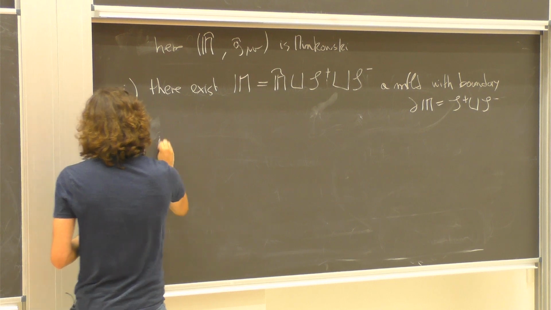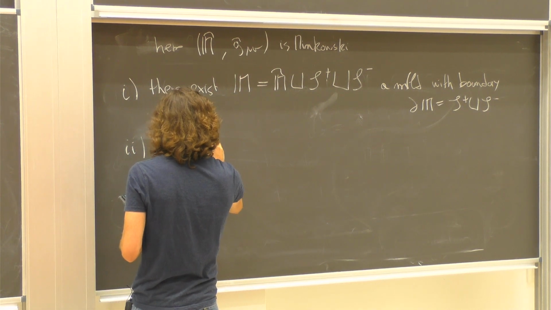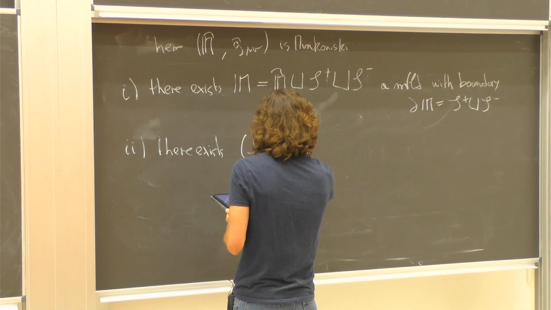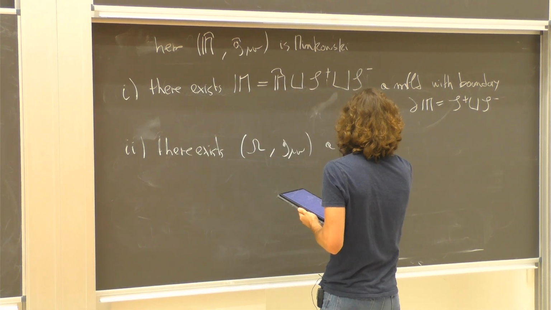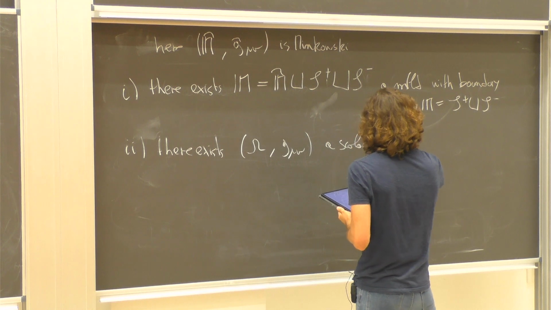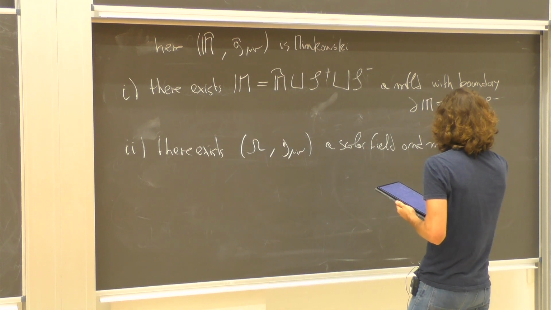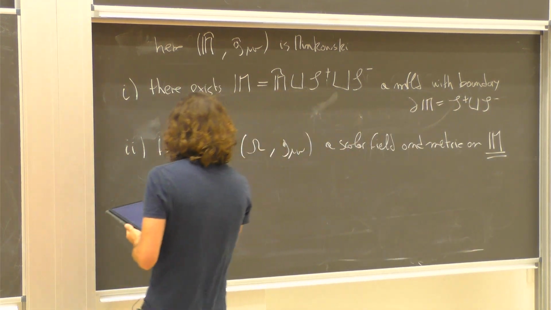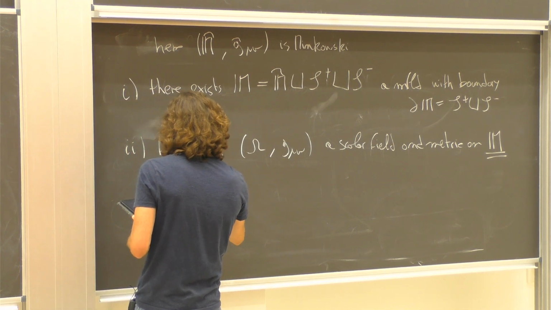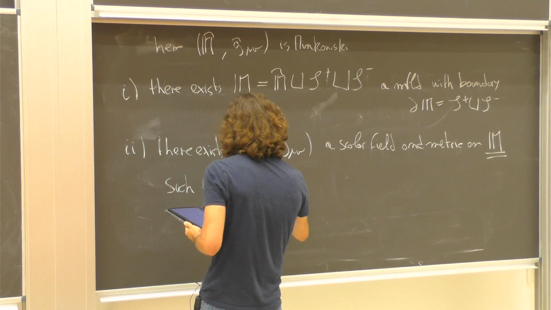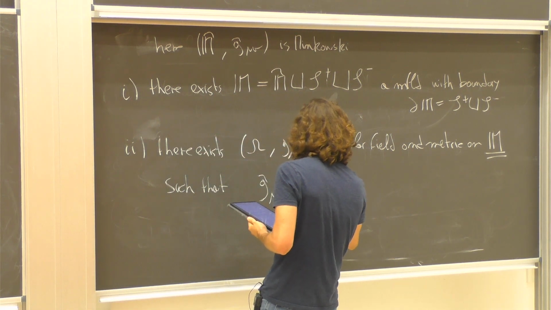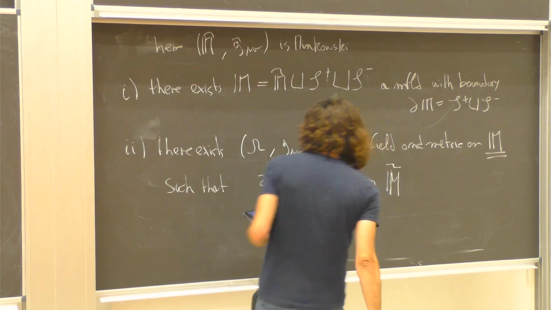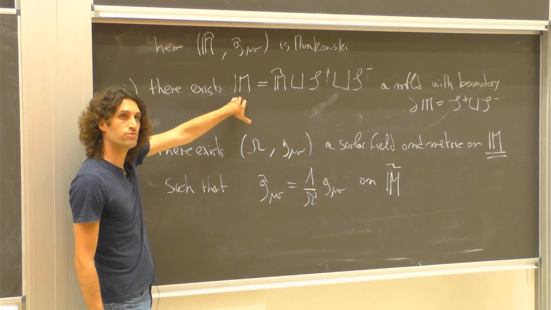We also find that there exists a function omega and another metric g mu nu without tilde, scalar field and metric on M, so on the wall of the manifold, such that G tilde mu nu equals 1 over omega squared G mu nu on M tilde. So we found a bigger manifold with boundary.